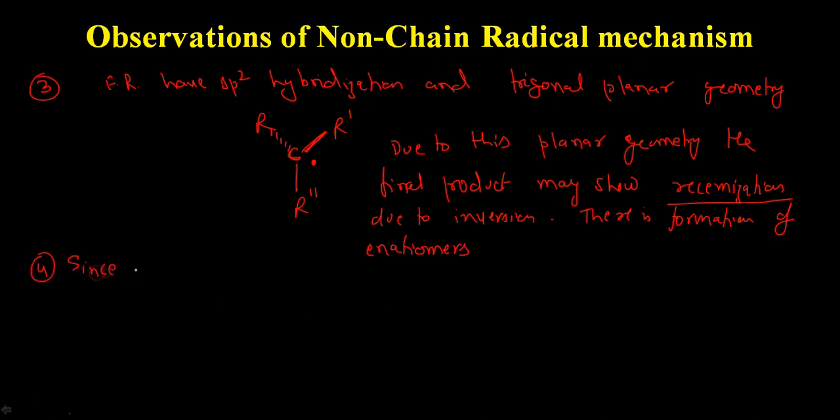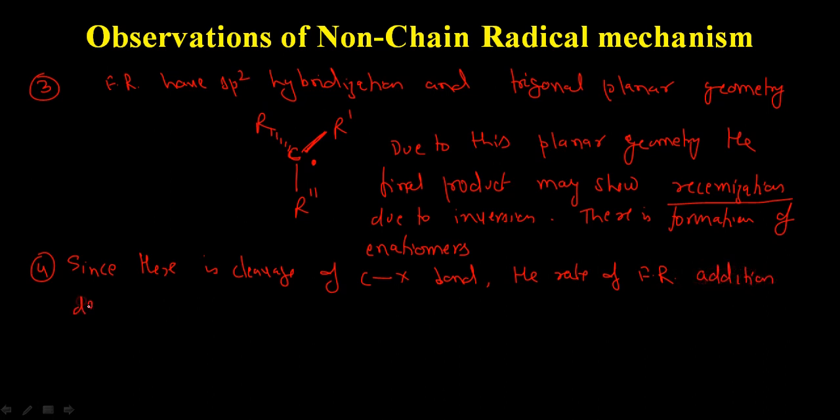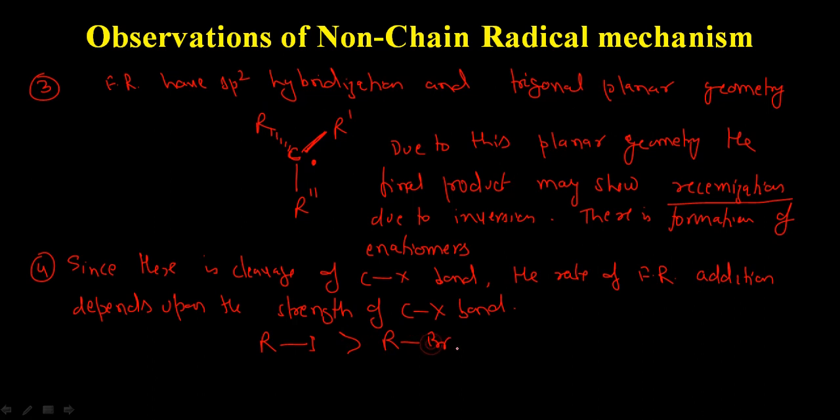Since there is cleavage of the CX bond, the rate of free radical addition depends upon the strength of the CX bond, and we know that the RI bond is weaker than the RBr bond, than the RCl bond, on the basis of the size of the halogen atom.